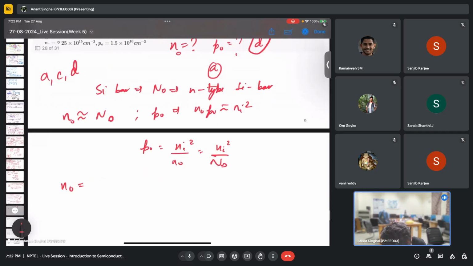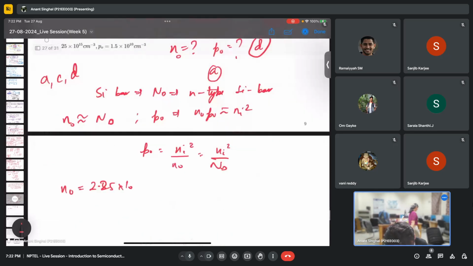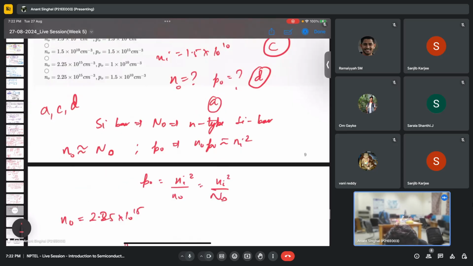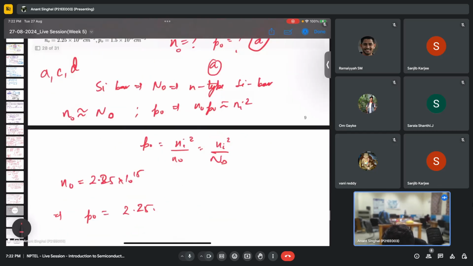So N naught will be directly Nd, that is given as 2.25 times 10 to the power 15. And we can easily calculate P naught, which will be Ni square, that is 2.25 times 10 to the power 20, divided by 2.25 times 10 to the power 15. So that will come out to be approximately 10 raised to the power 5 per centimeter cube.